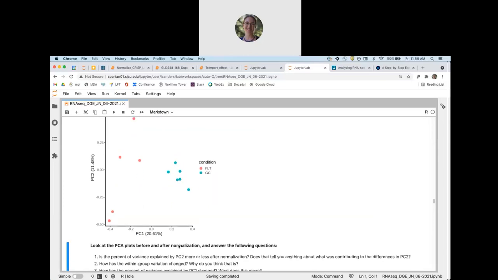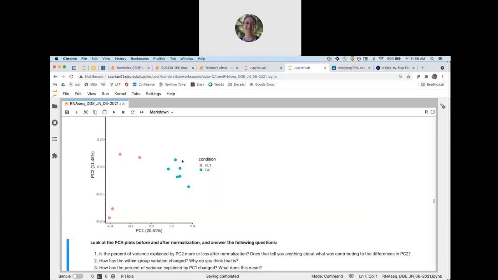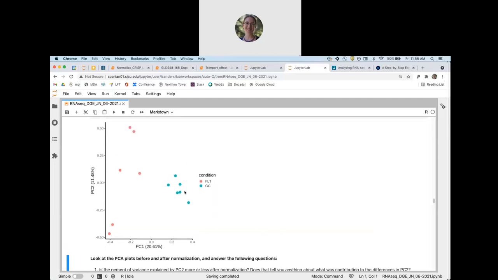So if we look back at question number 2, how has the within group variation changed? We see ground control samples are tightening up a little bit. We also see the flight samples seem to be pairing up, which is a little bit interesting.